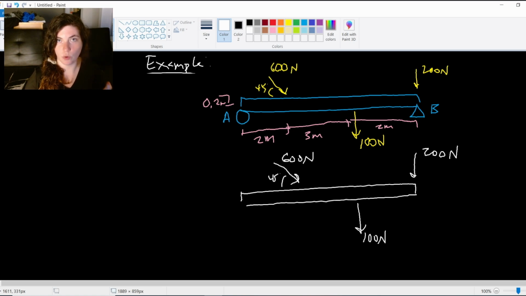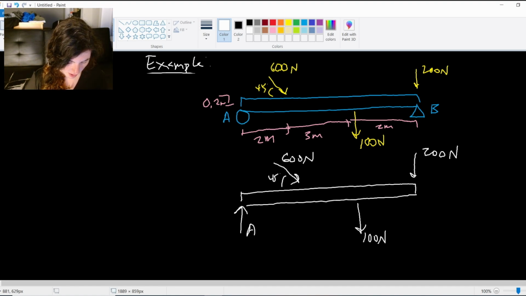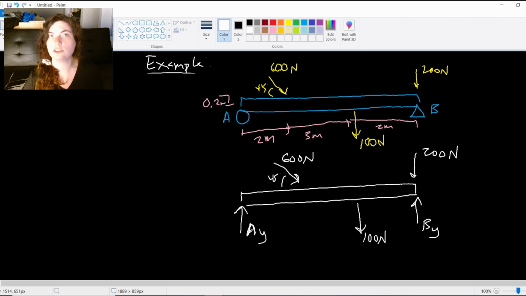So we said A was a roller, and a roller only has one reaction force in the vertical direction, in the Y direction. So here I'm going to call this Ay. It's the force at point A in the Y direction. And I'm going to use the same kind of naming convention for B. I'm going to call this By, the force at point B in the Y direction. Instead of calling it F or Fy, I'll just call it the point that it's at.